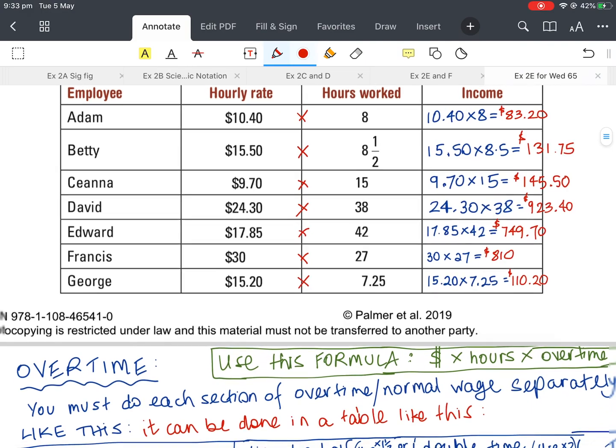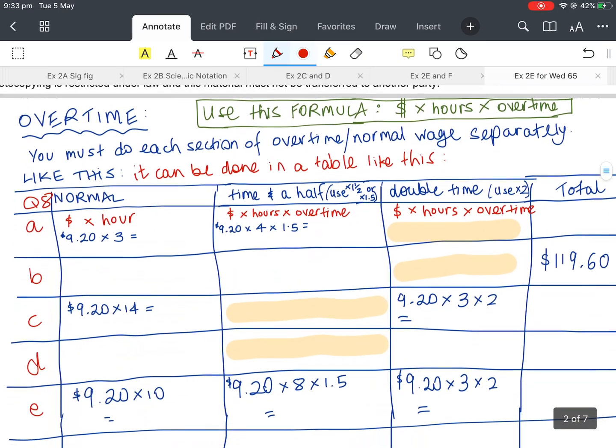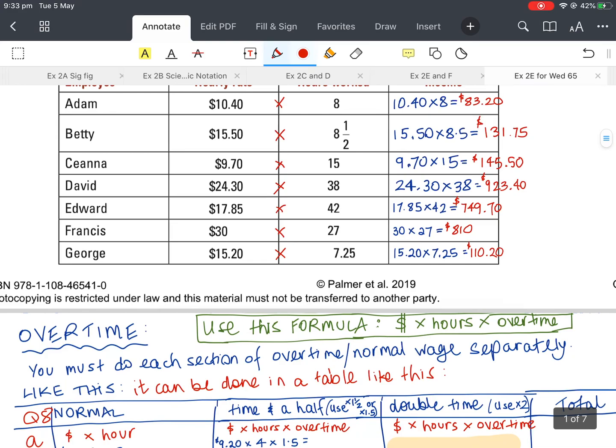All right, let's have a go at overtime. Hopefully you've watched the video and you basically know what overtime is. I'll just go over it for you just to let you know. Overtime is basically what happens when you are a tradesperson, or if you work in retail, things like that.